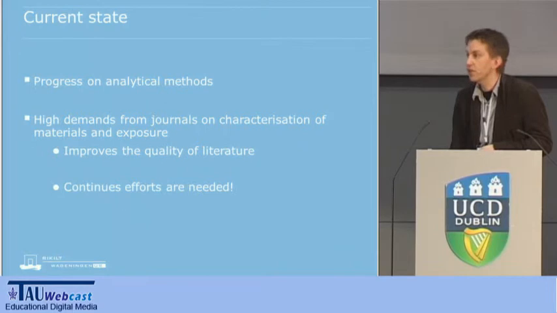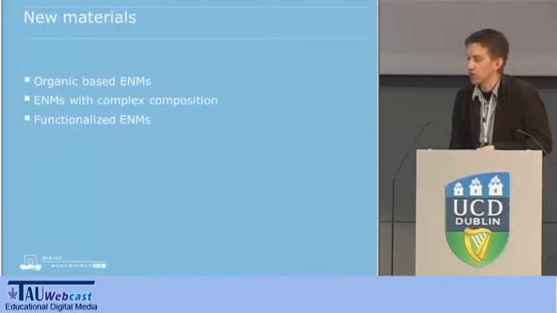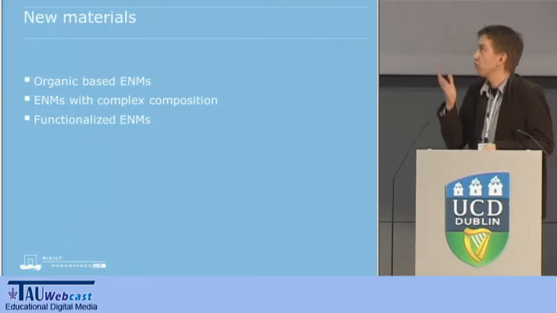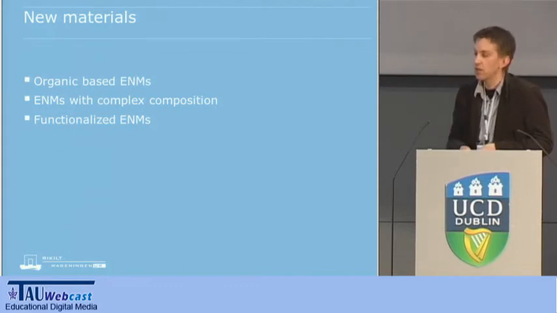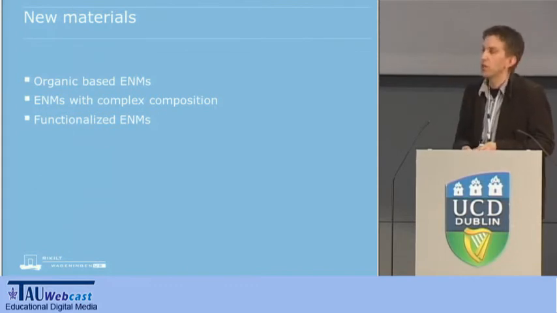In the keynote lecture, I think some new materials were mentioned. If you group them, I group them, but in organic-based nanoparticles, particles with complex composition, and I think an important development will be the functionalization of particles.